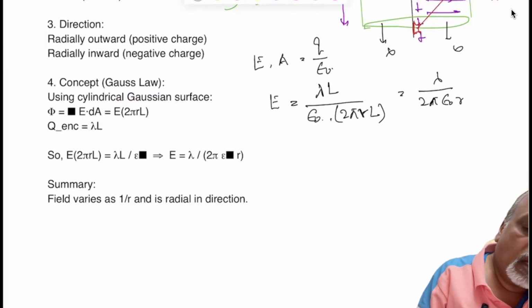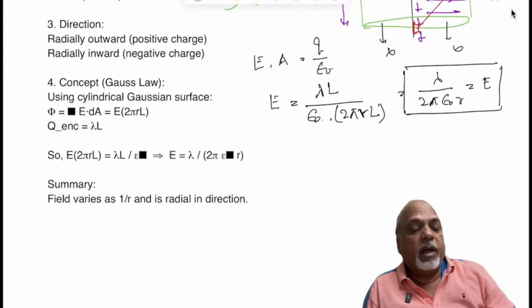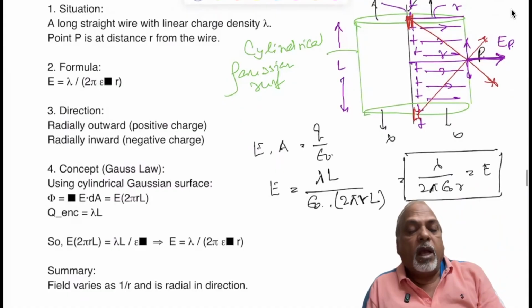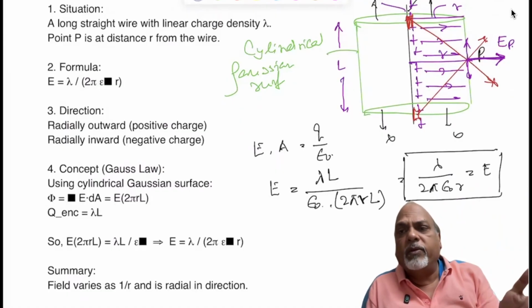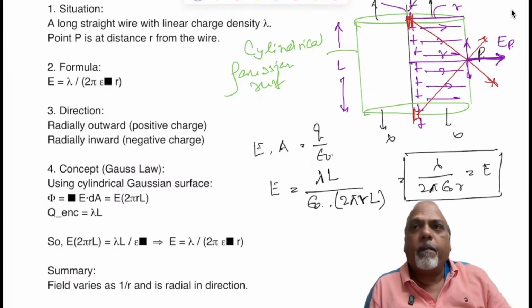So this is the electric field at point R. If you are given lambda, you can always find the electric field, and the direction we have already seen is away from the wire; if a negative charge is there, then it will be towards the wire. Correct?